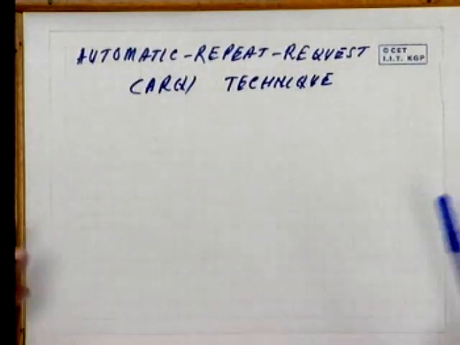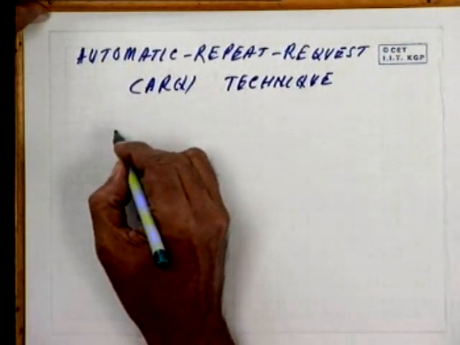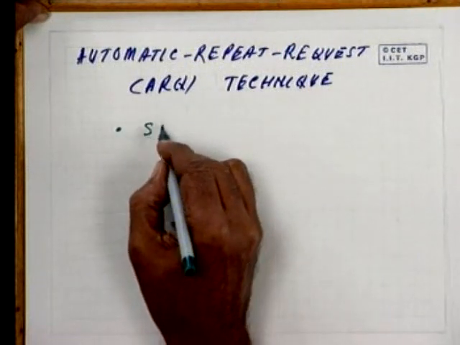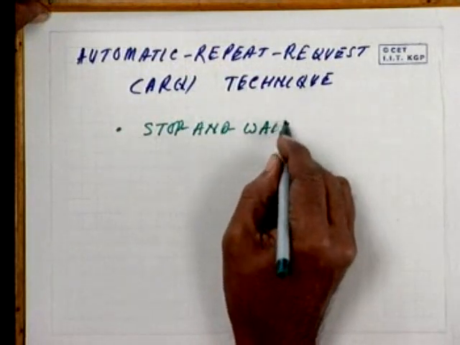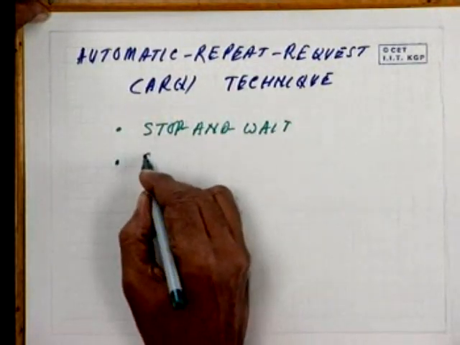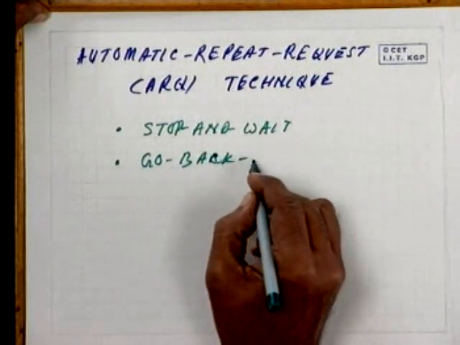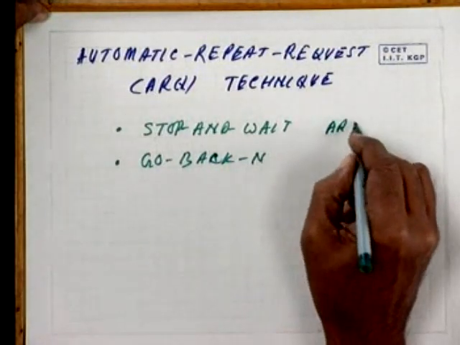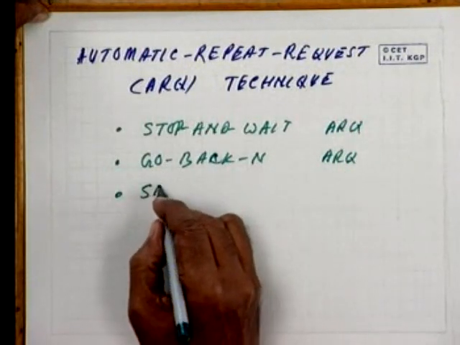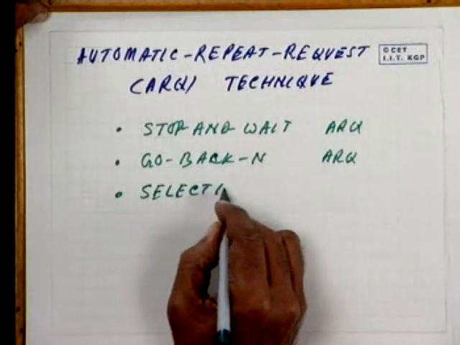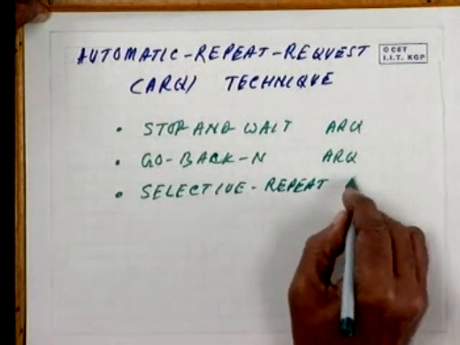And under this ARQ technique, there are three basic schemes. First one is known as stop and wait. Second one is known as go back N ARQ. And third is selective repeat ARQ.